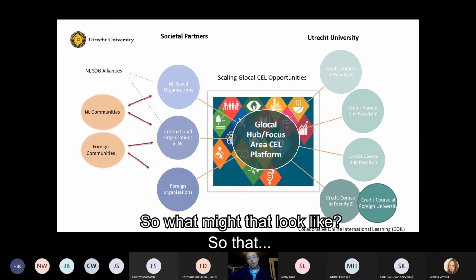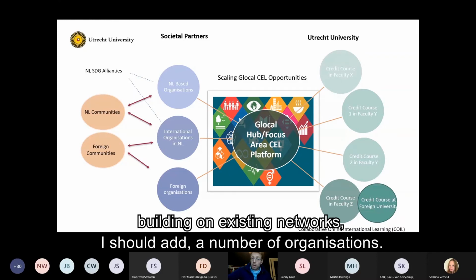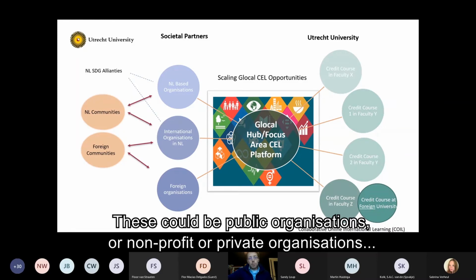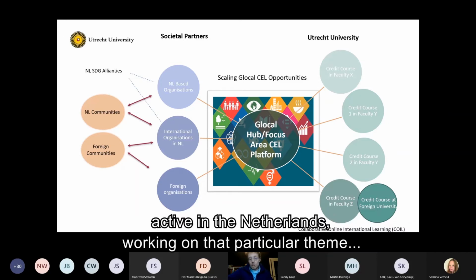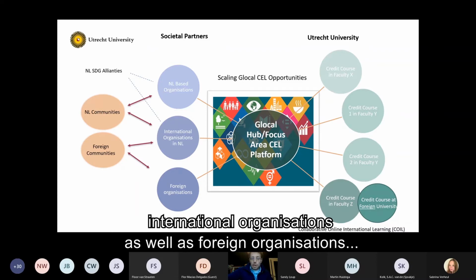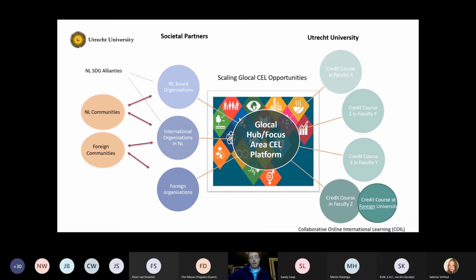Collaborating with a focus area or a hub, we identify, building on existing networks, I should add, a number of organizations. These could be public organizations, non-profit, private organizations, active in the Netherlands, working on that particular theme, international organizations, as well as foreign organizations that in turn connect with communities, both here and abroad.